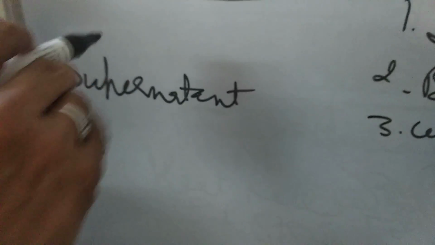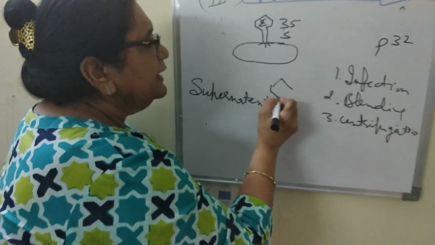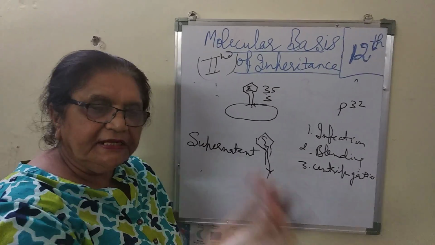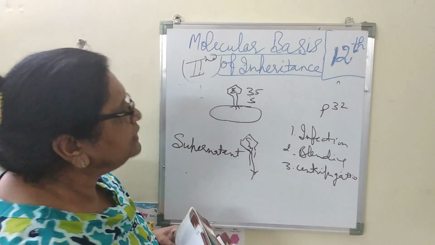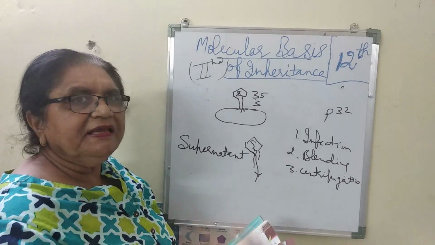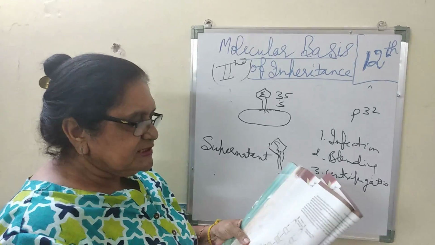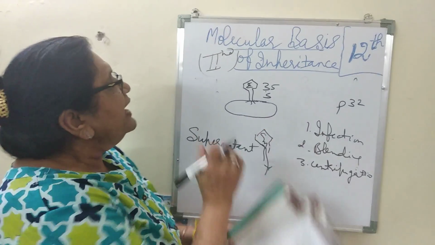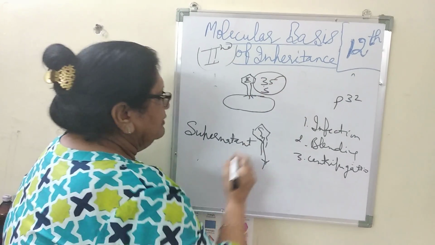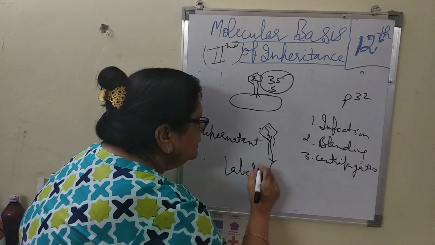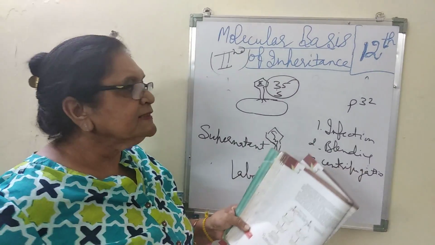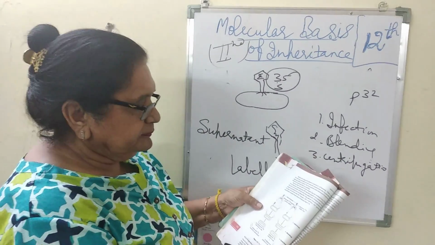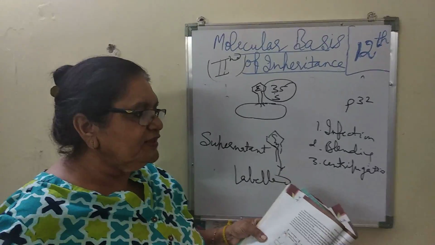The protein coat remains outside and the genetic material enters it. The genetic material which enters the bacteria starts replicating. So it was found that labeled or radioactive S35 was found in new viruses, but there was no radioactivity in the second case.